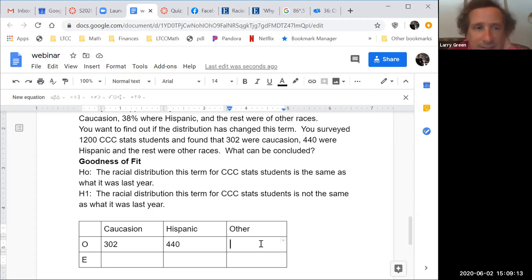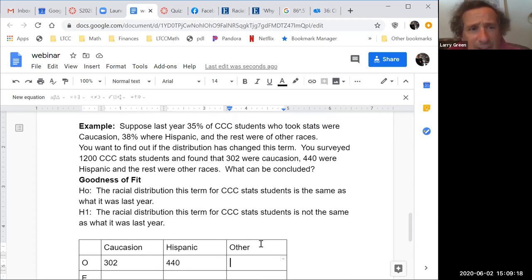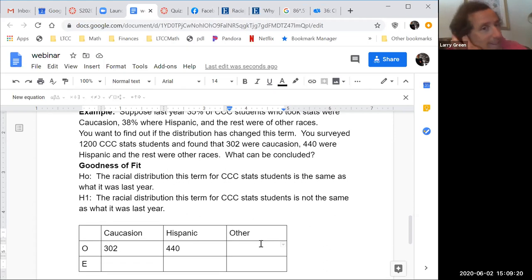Yeah, 100 minus 35, not minus 35, minus 38. But yeah, that would be a percent, but we don't want percent, so we want totals. So you know that it's a subtraction, but it's not from 100, it's 1200 minus 302 minus 440. And notice that 302 plus 440 is 742. 1200 minus 742 is 458 if I did it right in my head. Any questions on that?